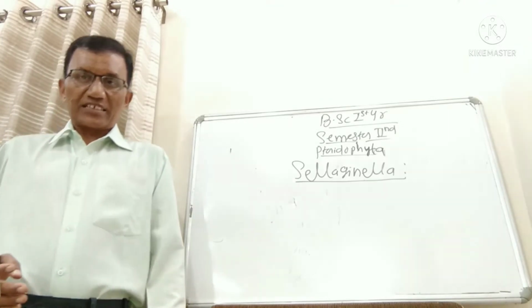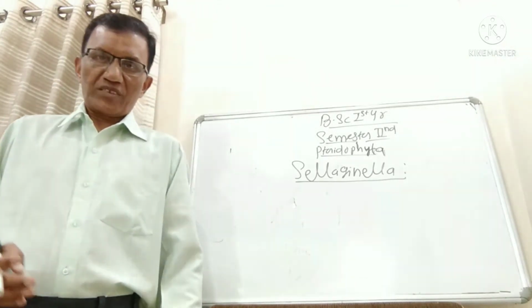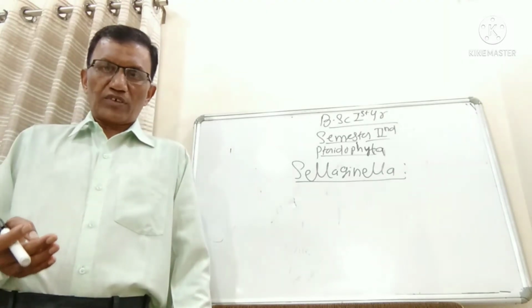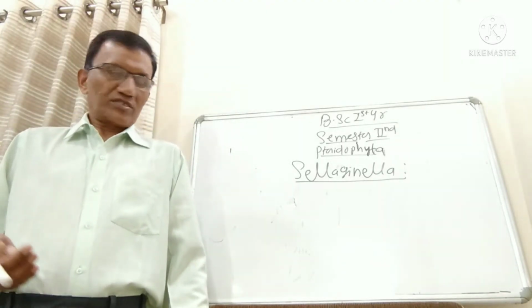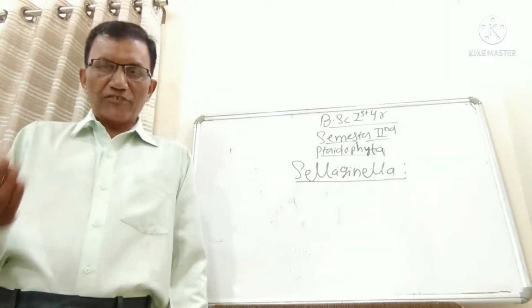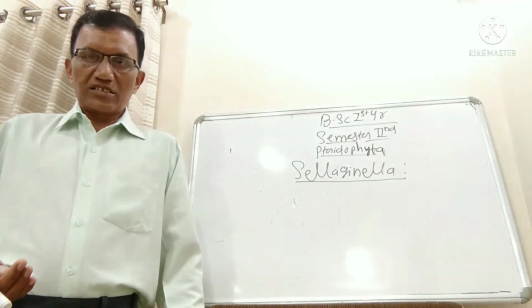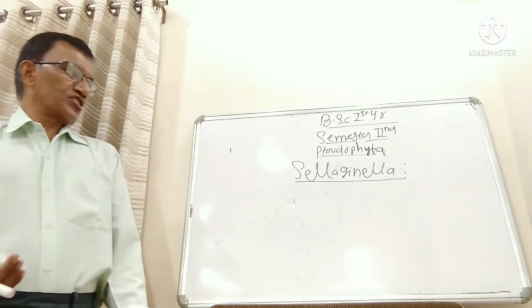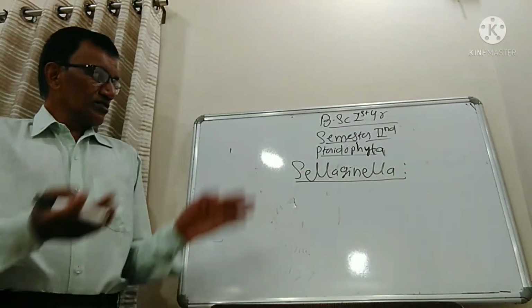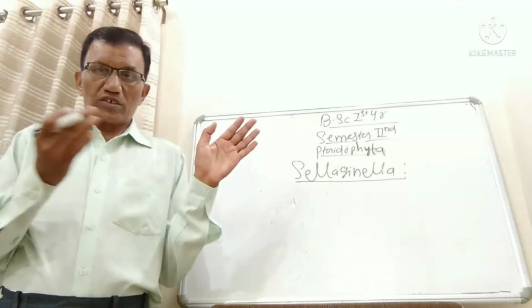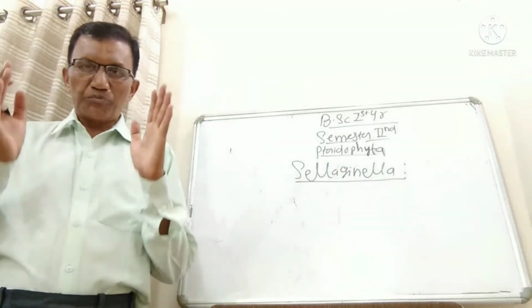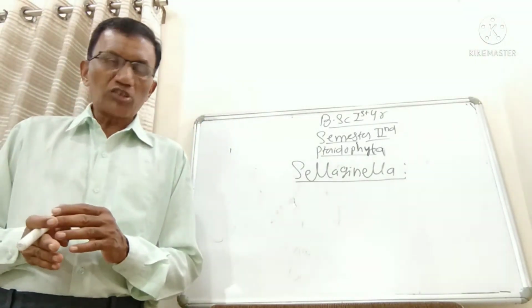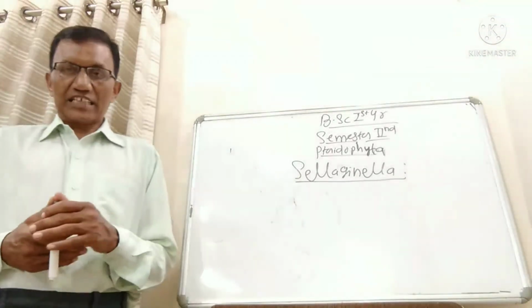While describing the internal characteristics, there is TS of stem, TS of root, TS of rhizome, rhizophore, roots, leaf, strobilus or cone, etc. Then reproduction. Today I will discuss the overall important points belonging to Selaginella.